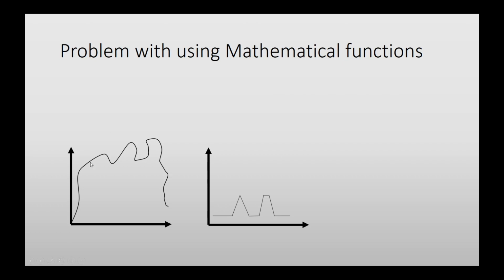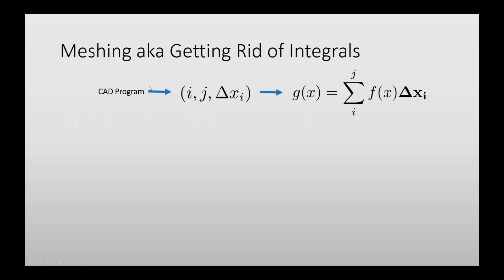If this function exists in the real world, we somehow convert it into points, X and Y values, lots of X and Y values, and we give that data to a computer or CAD program or some meshing program. That meshing program spits out values of ij and delta x.